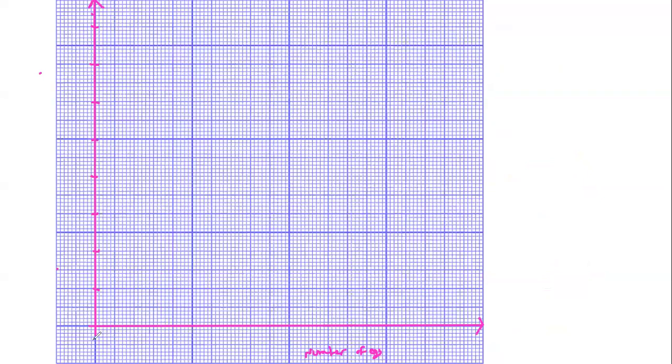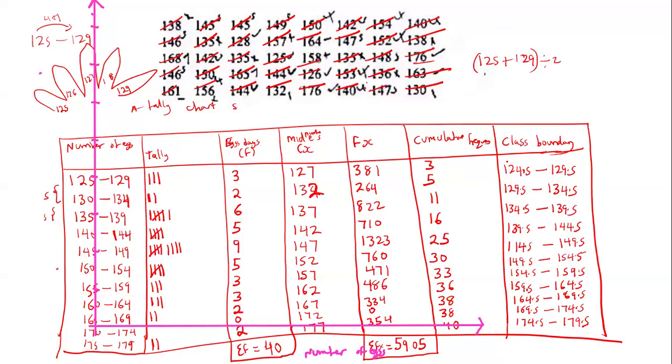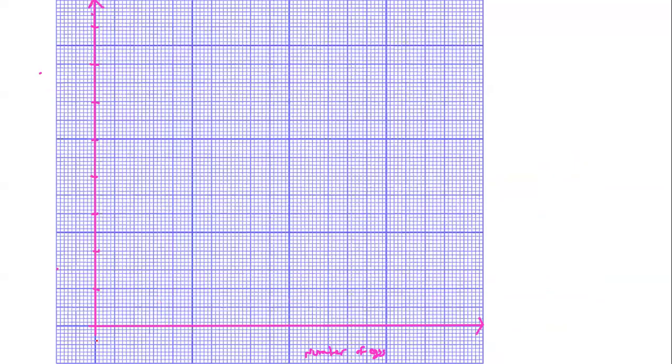Remember we start with the first one here, which is 124.5. So I'm going to start with 124.5 here, jumping just one because there are very many and they are not going to fit on my graph. So 129.5, 134.5.